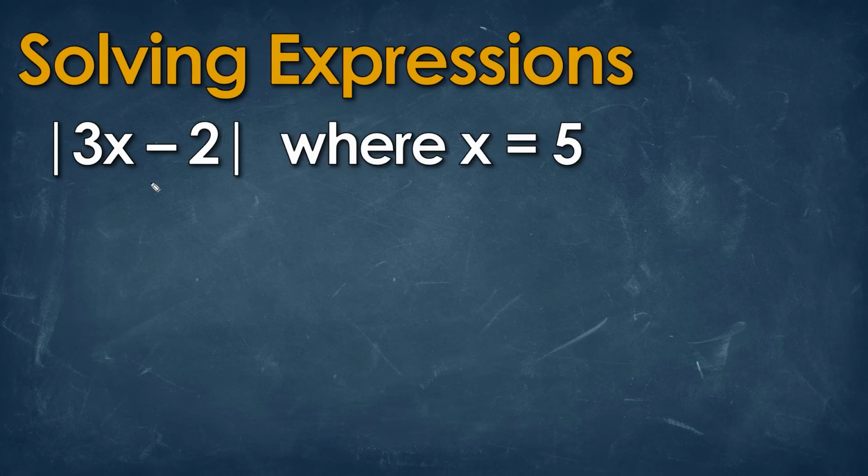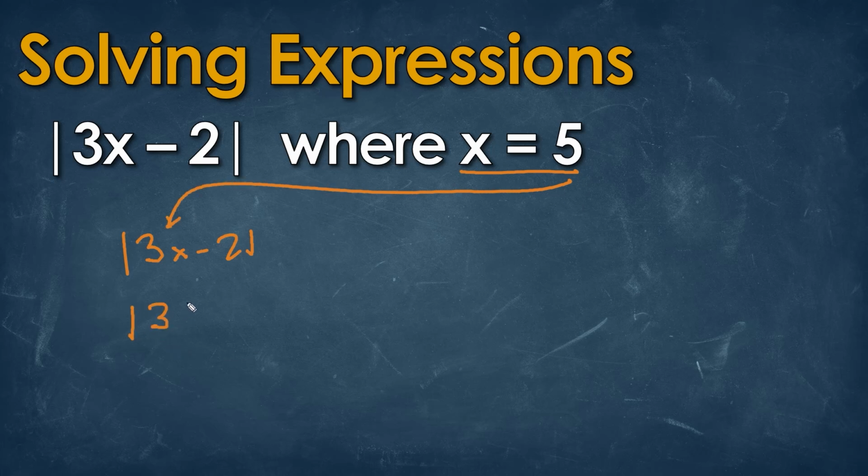So let's solve this expression using absolute value. We have the absolute value of 3x minus 2, and we're going to be plugging in 5 for x right here. So that's going to be the absolute value of 3 times 5 minus 2. If we simplify that, that's going to give us the absolute value of 15 minus 2.